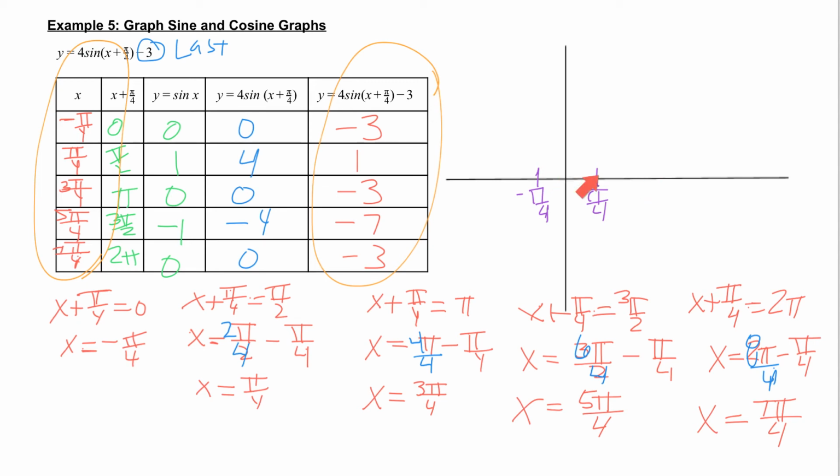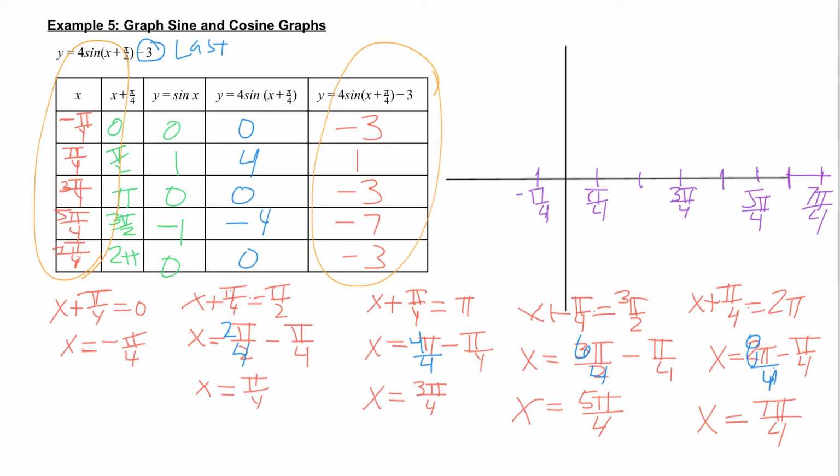So from 0 to 1 pi over 4, we also have to indicate that there is a 2 pi over 4. Then we can get to 3 pi over 4. Here's 4 pi over 4. Here's 5 pi over 4. Here's 6 pi over 4. And here's 7 pi over 4. So you have to make sure your scale counts up by the same unit every time. So if you have to add in some extra points or some extra tick marks, you need to do that.